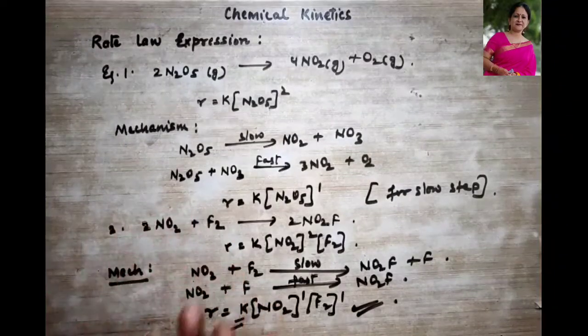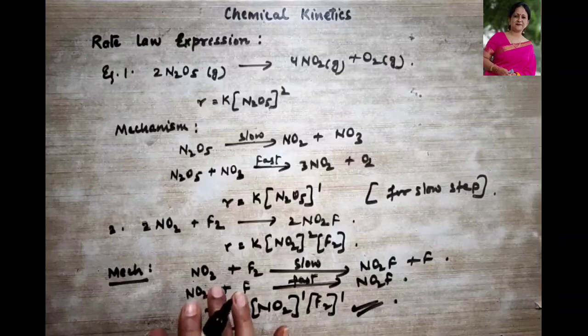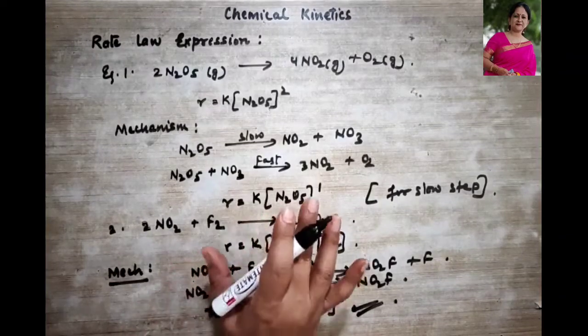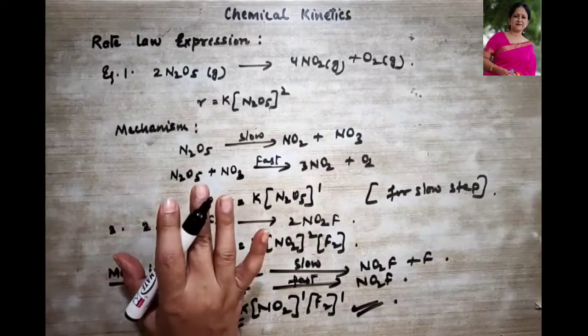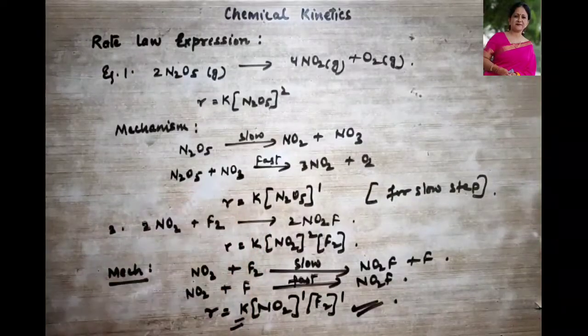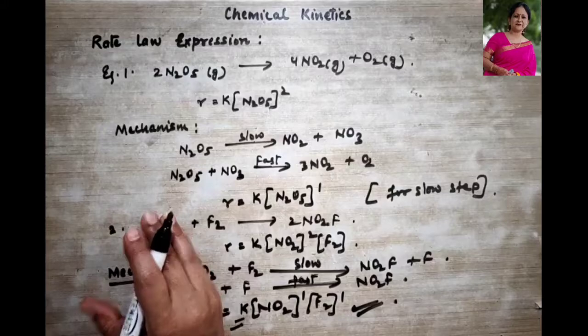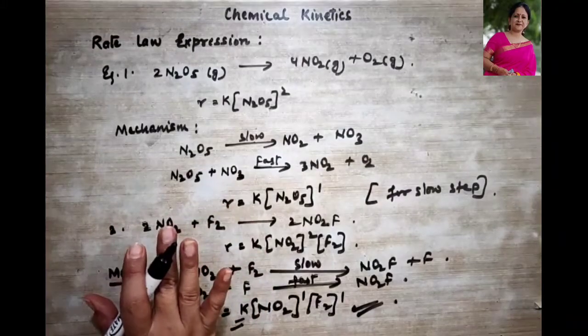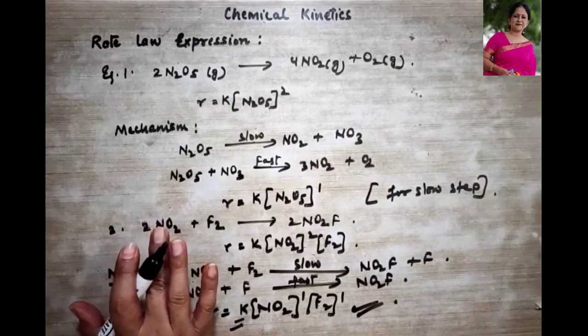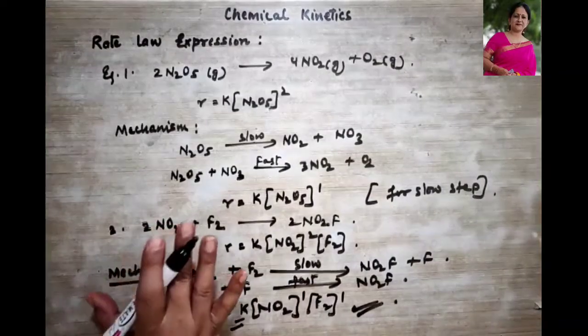This K, the rate constant appearing in the expression for the rate law of the reaction, is also termed as velocity constant, or also called the specific reaction rate of the reaction.